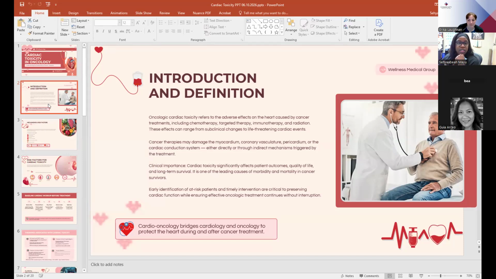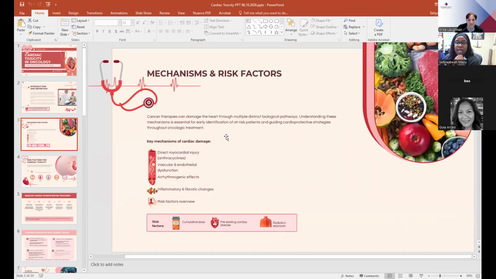When we move into the next slide, some of the mechanisms and risk factors. We're looking at the history of pre-existing cardiac disease and then radiation exposure, along with any type of inflammatory or fibro changes for that patient, any type of myocardial injury that is associated with that patient.